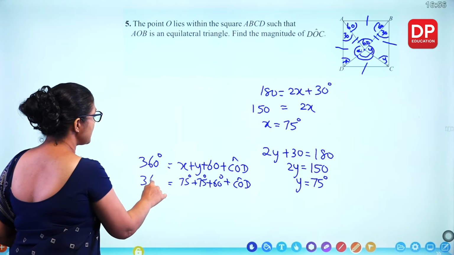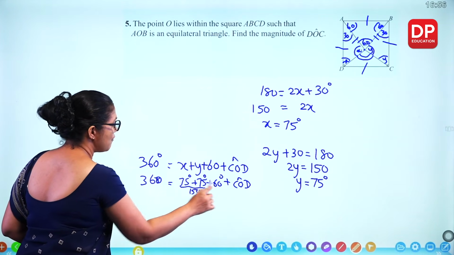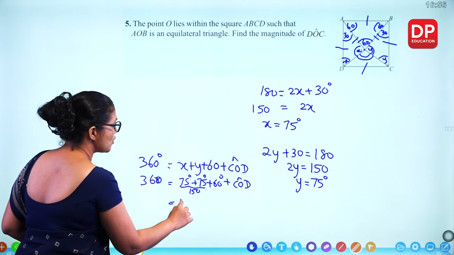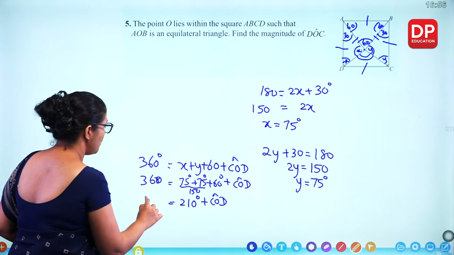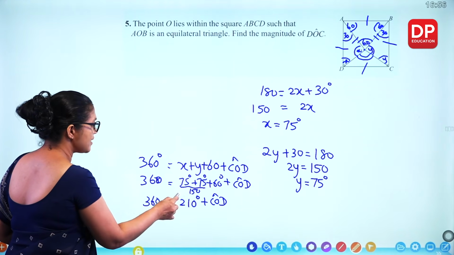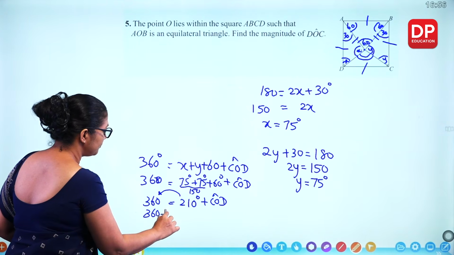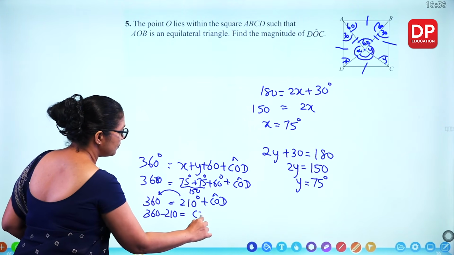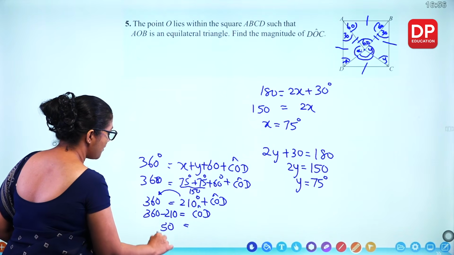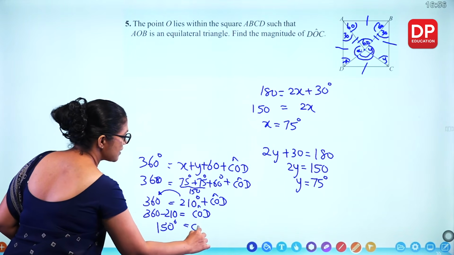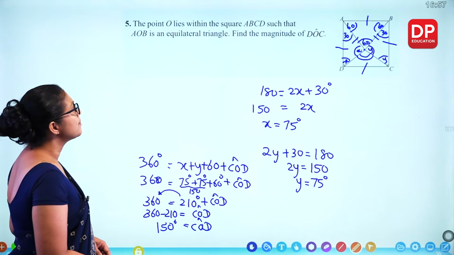So 75 plus 75 is 150. 150 plus 60 is 210. You can subtract 210 from 360. So what do you get? You get the answer as 150 degrees. So COD angle is 150 degrees.